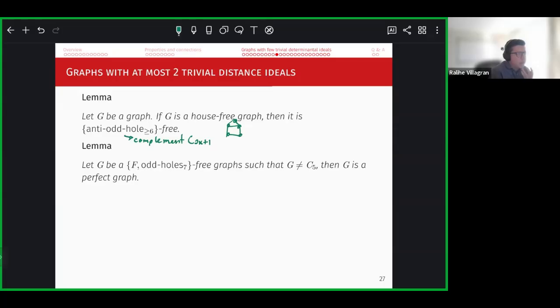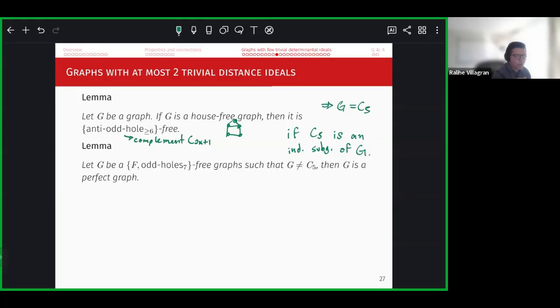So in particular, we can see that if the cycle of length 5 is an induced graph of G, then just by checking the set of forbidden subgraphs, we see that G has to be C5.